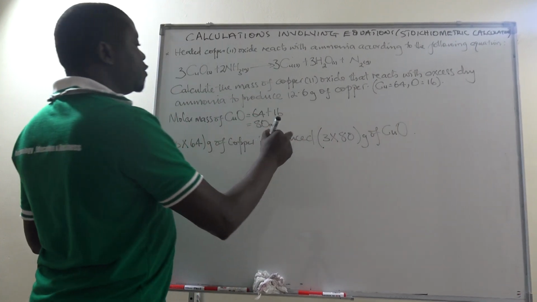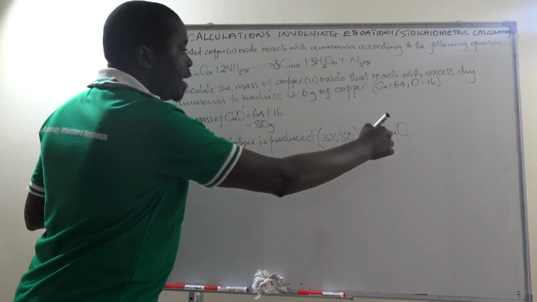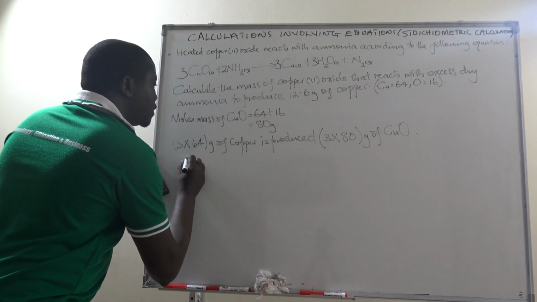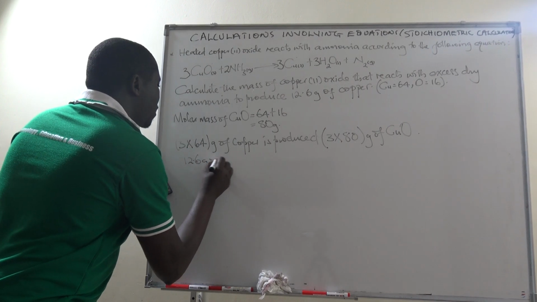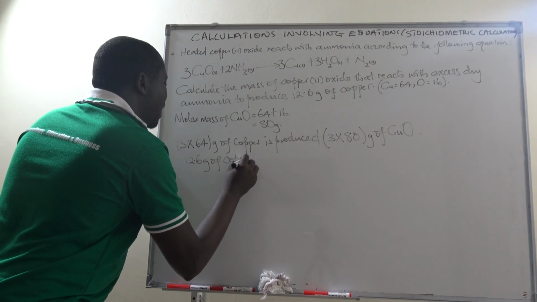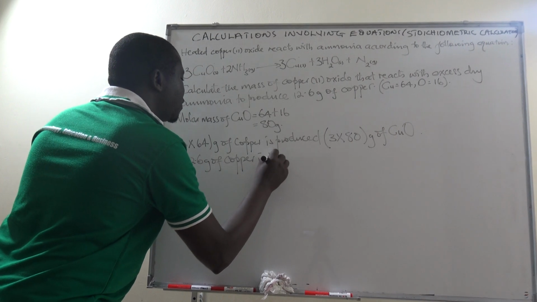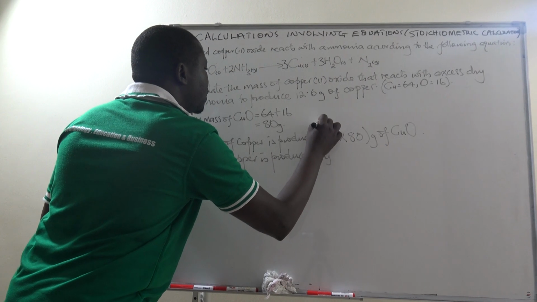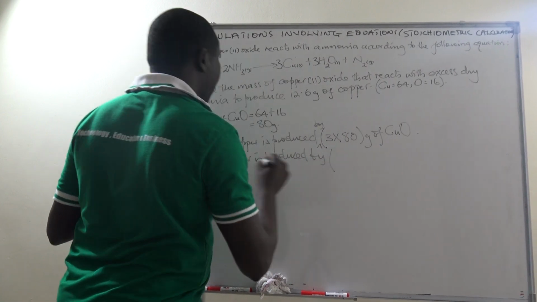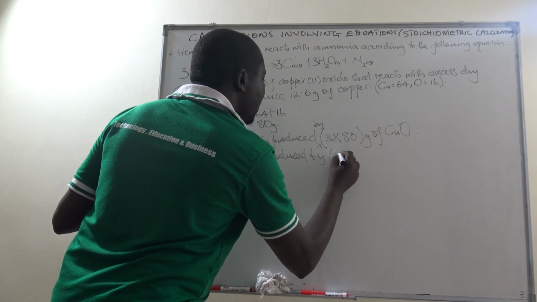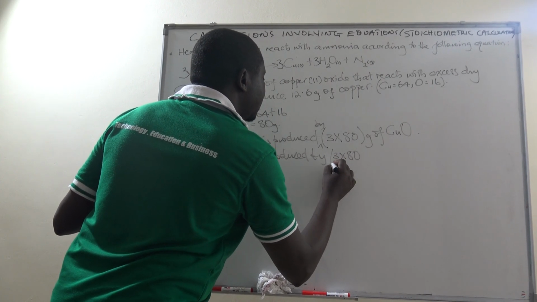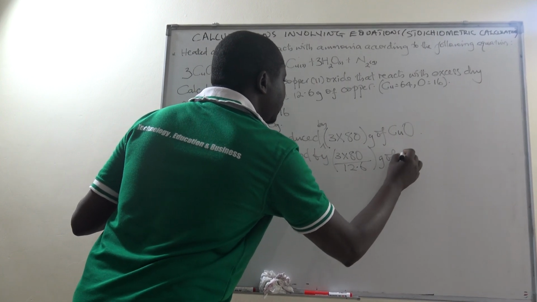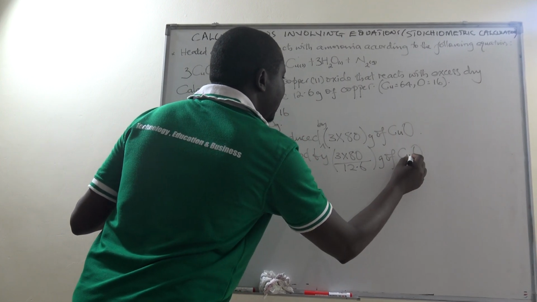I said it is produced by, meaning that copper is a product, and copper(II) oxide is the reactant. So what of the 12.6 grams of copper? This one is produced by, then we cross multiply. So it is 3 times 80 over 12.6 grams of copper(II) oxide.